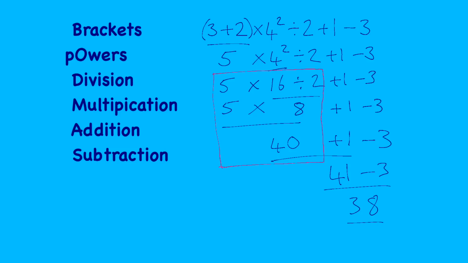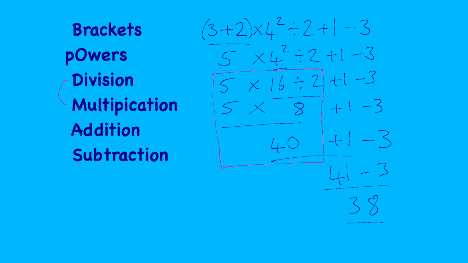Now, I think it's important at this point just to stress a couple of things. First of all, you must always do the brackets first, then the powers. After that, you can either do the division or multiplication first. As you can see, if I did 5 times 16, which is 80, then divided by 2, I get 40.